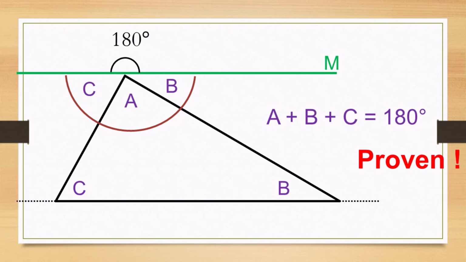Since the total angles in the line M is 180 degrees, as previously discussed, then we find that angle A plus angle B plus angle C is equal to 180 degrees. Herewith, we have proven that sum of interior angles in triangles is 180 degrees.